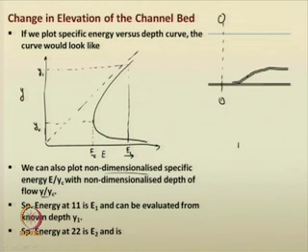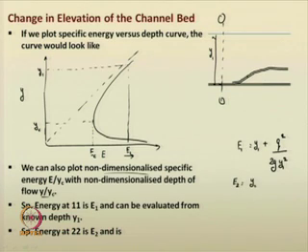E 1 is based on the depth of flow. E 1 is equal to y 1 plus q squared by 2 g y 1 square. So, you can see that E 1 is a function of y 1 only. Similarly, E 2 is also a function of y 2, y 2 plus q squared by 2 g y 2 square, but y 2 is unknown to you, you do not know the value of y 2.